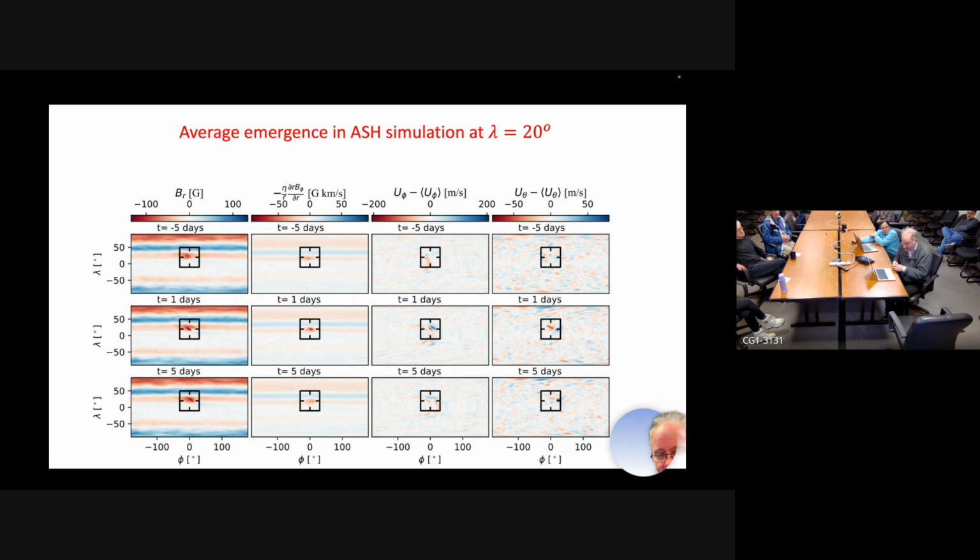It could well be meridional circulation transport. It could also be flux pumping. It could also be some other type of dynamo process. This is not well constrained by the observations I've considered here. So I don't know the answer to your question. Okay.